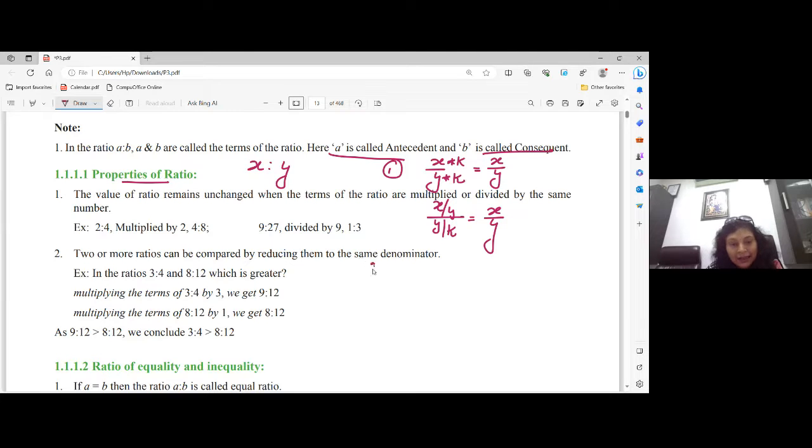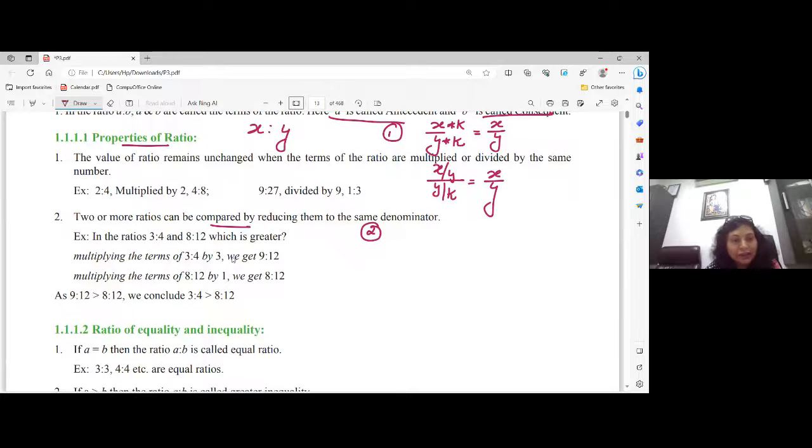The second thing is, if we want to compare two or more ratios, like which one is greater or which one is smaller, only one thing you have to do: make the denominators equal. If the denominators are equal, the ratio whose numerator is greater is the greater ratio, and the one whose numerator is less is the smaller ratio.